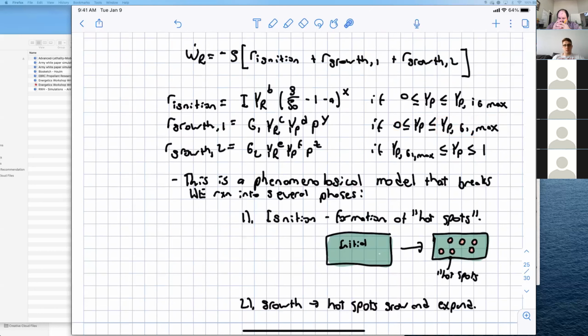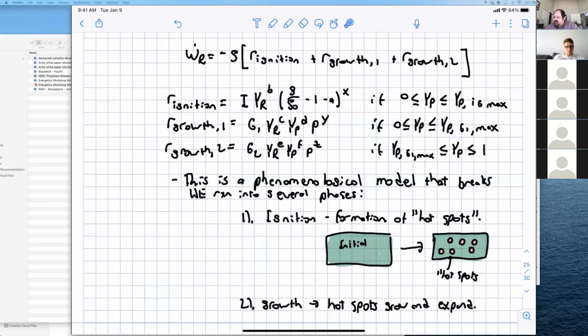Then basically after they start interacting, there's going to be some mass fraction where the hotspots start interacting, and that is this mass fraction here. And then you have a different sort of growth. Then there's a different growth regime, and so that's basically what that is. And so that's just G1 max, and G1 stands for growth stage 1.